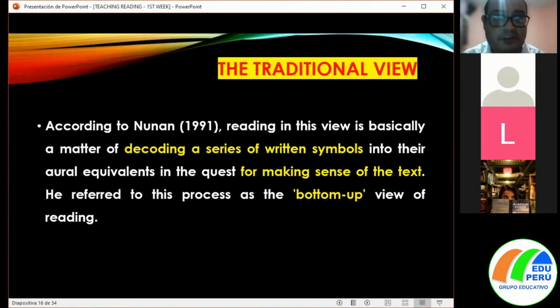So you decode these written symbols and you can make sense of the text. Reading in this theory is related to decoding, no more, in order to get the meaning of the text. So he referred to this process as the bottom-up view of reading.